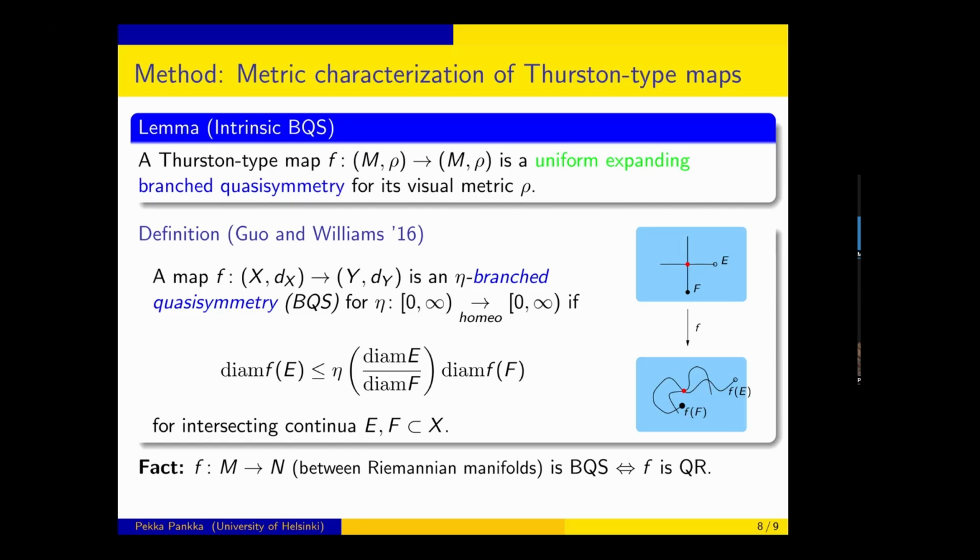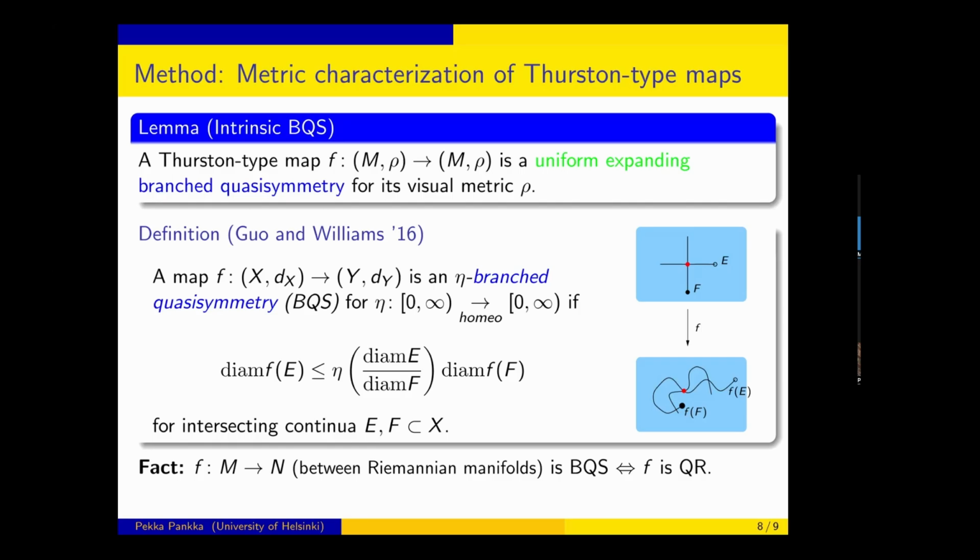In my picture, E and F are supposed to have the same diameter, so in this formula eta of diam F divided by diam E is just eta of 1. The inequality says that the diameters of the images control each other. If one is small, then the other is small. If you collapse a whole continuum, then you collapse every continuum touching that continuum.